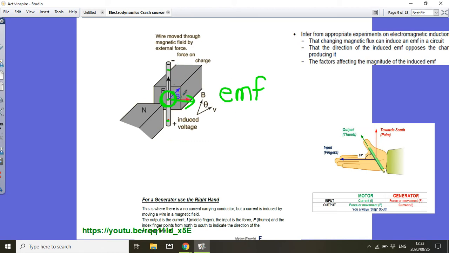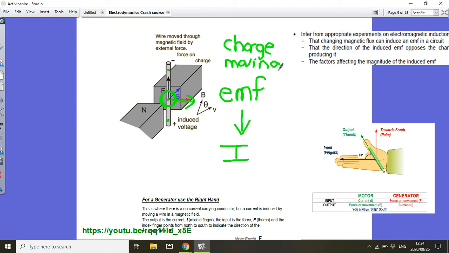Now, if there's a potential difference, positive, negative, then that electron will move. So the electron will start to move, and if I have an electron moving, I have a current. So this is the principle on which electromagnetic induction works. I have a moving electron, motion, so I have a charge moving in a magnetic field.